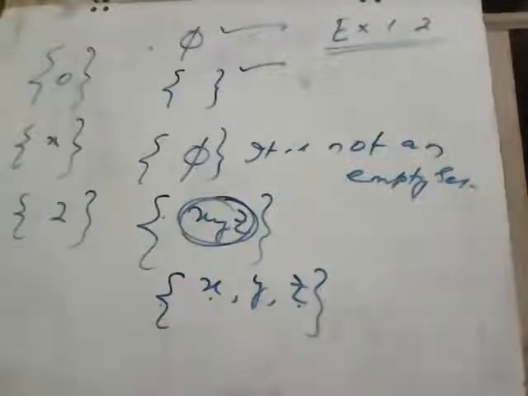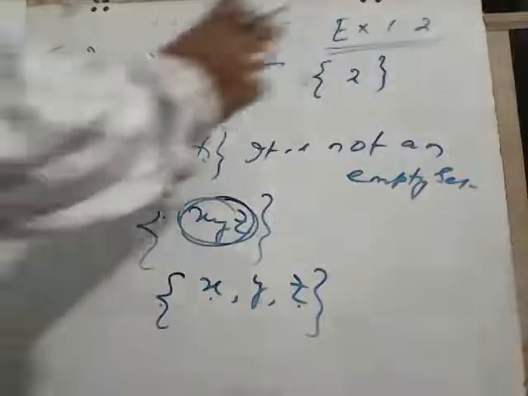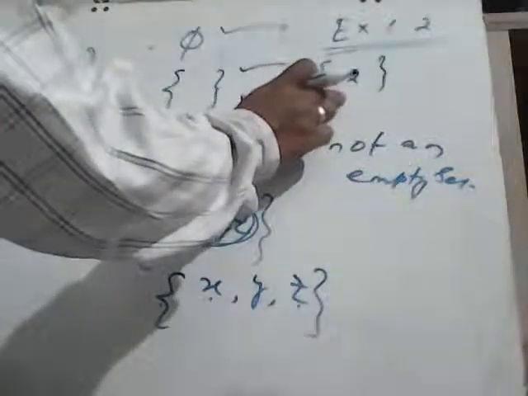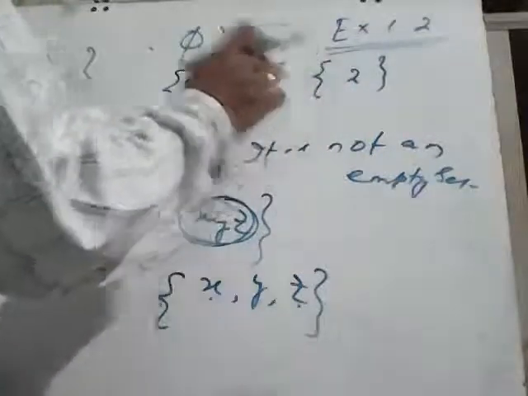Second one, question number 1, second bit, set of even prime numbers. If we consider the set of even prime numbers, only the prime number 2 is here. 2 is the prime number which is even. So it has only one element.